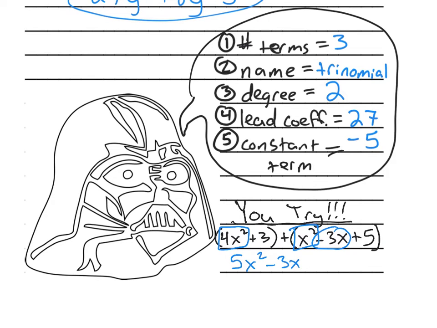My constants of 3 and 5 combined, probably shouldn't use circles there. Let's use underlining. Make those match to make 8. My trinomial is 5x squared minus 3x plus 8. What's the leading coefficient? 5. What's the degree? What's the constant? 8. Number of terms? 3. You guys sound so enthusiastic.